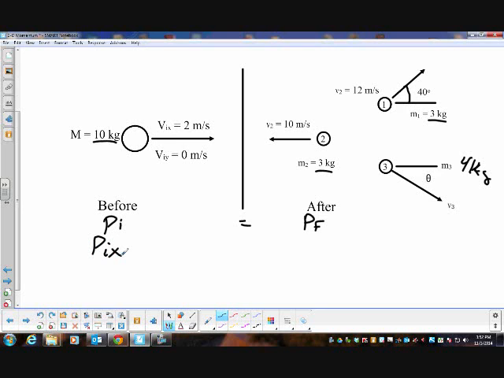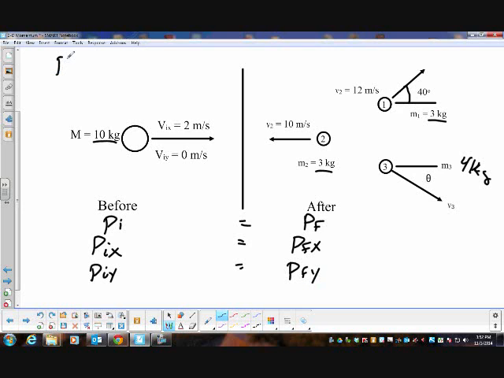So my initial x momentum is equal to my final x momentum. And the same thing for my y. My initial y momentum is equal to my final y momentum. But this particular problem, we're going to have to look at momentum in both the x and the y. So let's take a look.